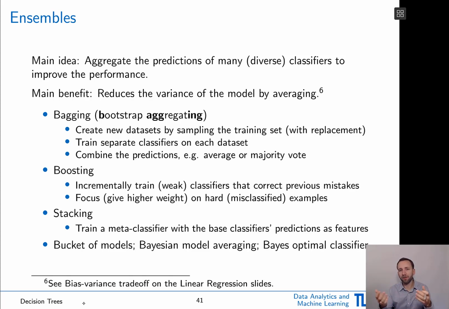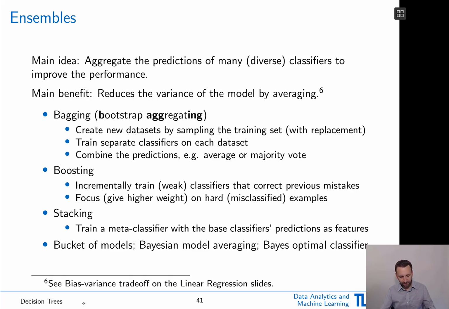This is more reliable, more stable, so you're reducing the variance. That's the main benefit of using multiple models at the same time. It's a bit like, instead of asking a single person for their opinion, you are asking multiple people. Of course, then you get a more reliable estimate of what is really true, hopefully at least.